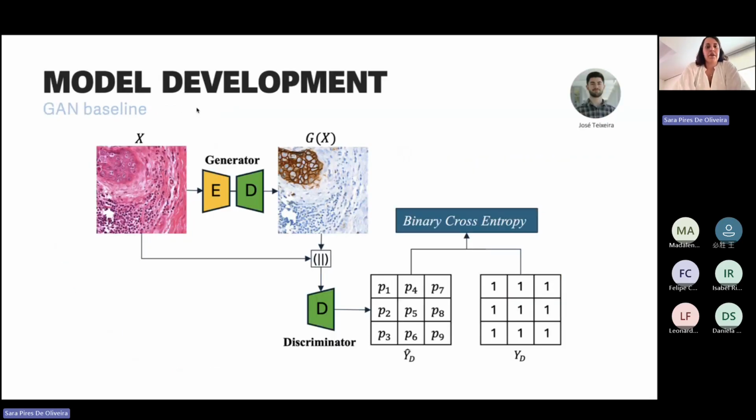In terms of the model, as I said before, I will focus on the GANs, our proposal for a GAN. The first goal, which came from our evaluation of the state of the art, was to explore the potential of the discriminator.